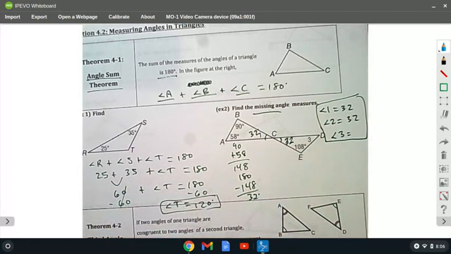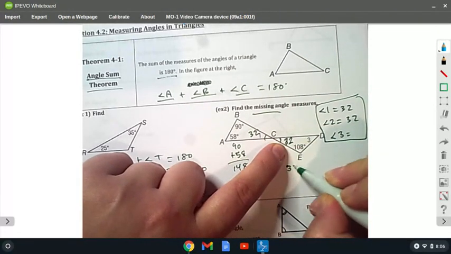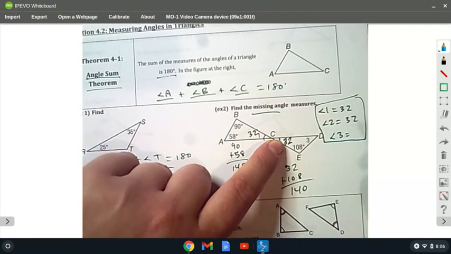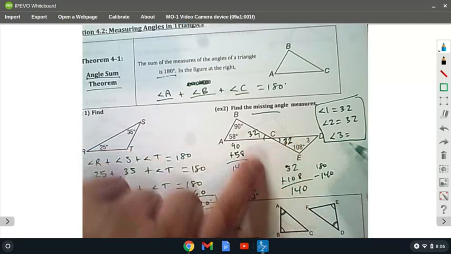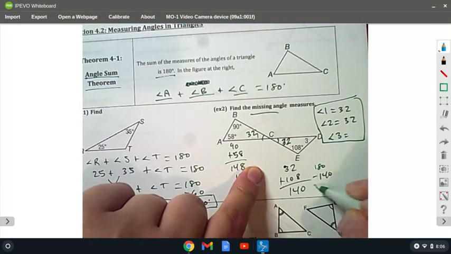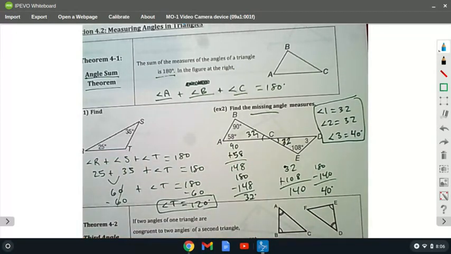There were 3 missing ones. So now we can say, 32 plus 108 gives me 140. And then to find this missing one, you're just going to do 180 minus 140 because these three angles are in one triangle. They should add to 180. So then we get that angle 3 is 40 degrees.